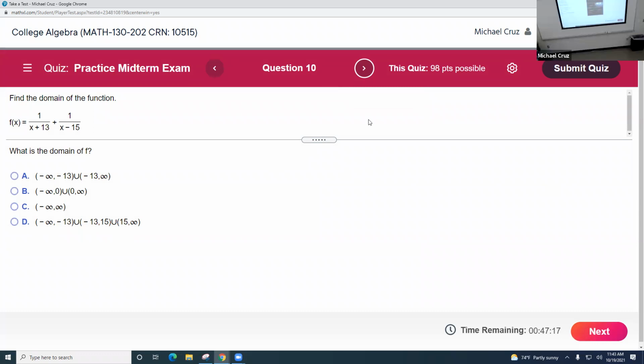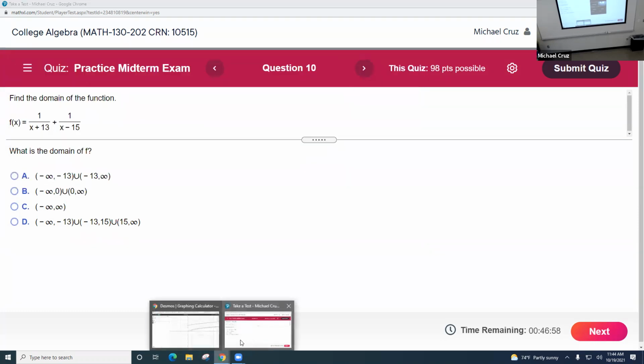All right, so the domain of this. It tells us it's a function. So generally we can say all real numbers, but there's a problem with the denominator because there are certain values that are going to make this thing undefined. Can you tell what they are?